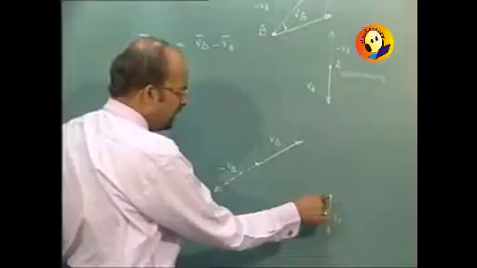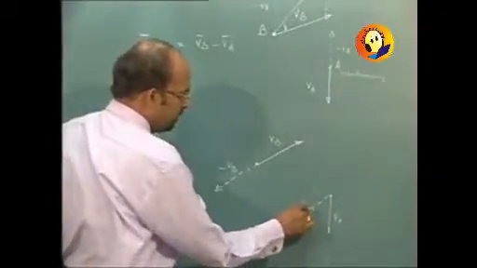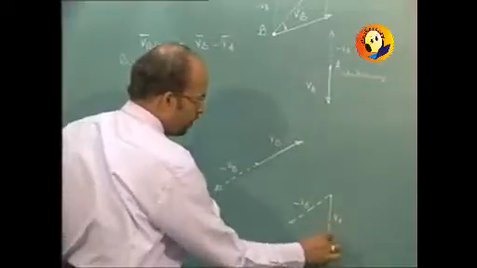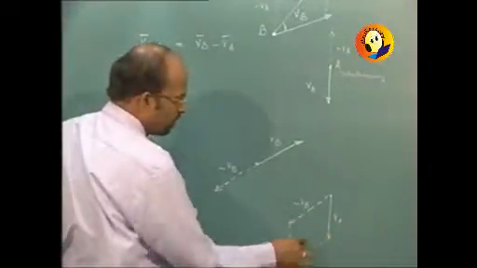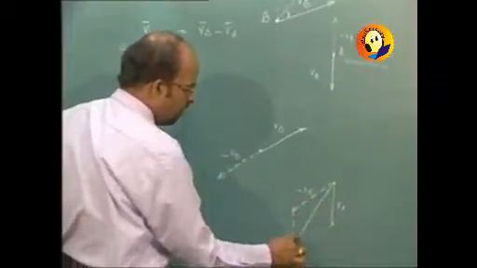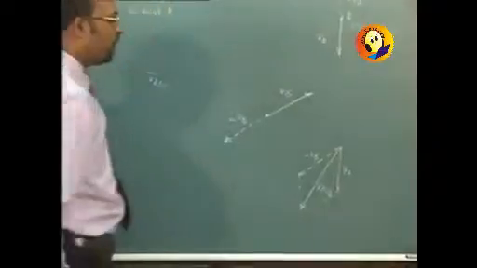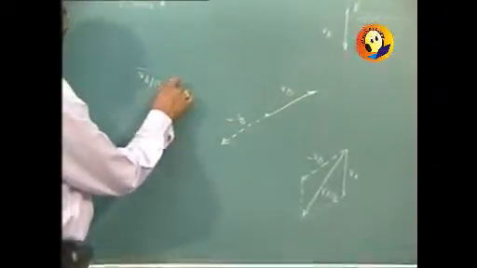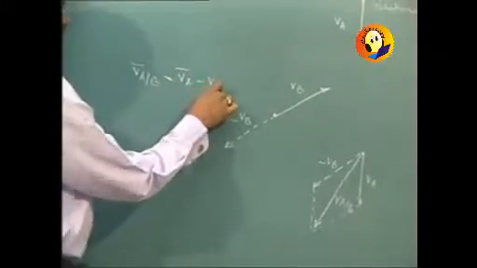The same velocity will be applied to A, this is minus VB, and then addition of these two will give us velocity of A with respect to B. And this is a vector addition. Once again, we can write it as velocity of A minus velocity of B.